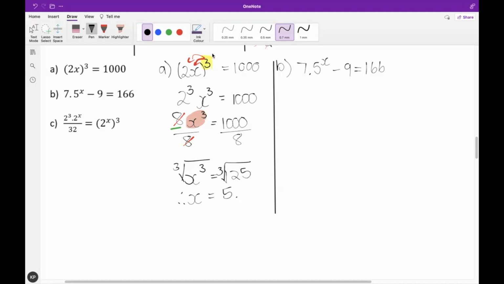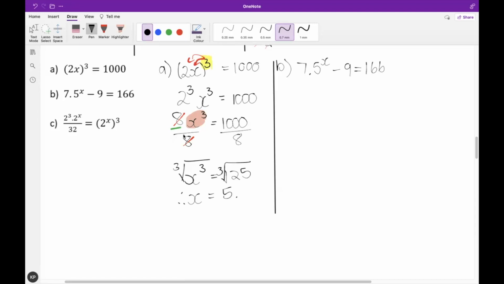If all else fails, you get rid of everyone around x. You get x on its own. You can't give up, because this could easily be worth 6 or 5 marks. If you give up, you lose all of those marks. Are you guys willing to lose those marks? I don't think so. So let's get going.